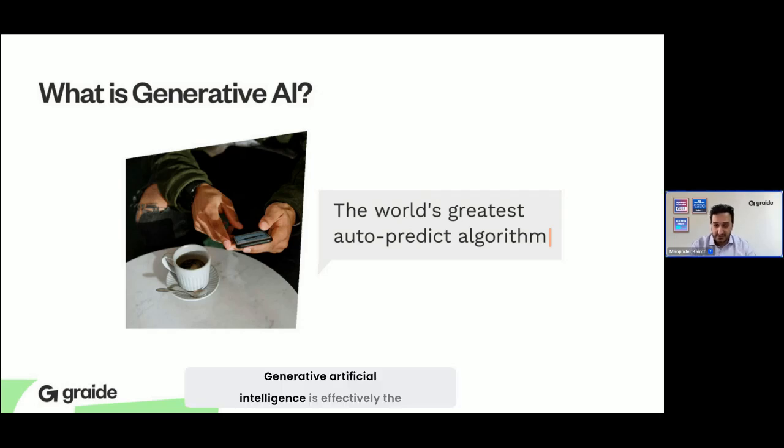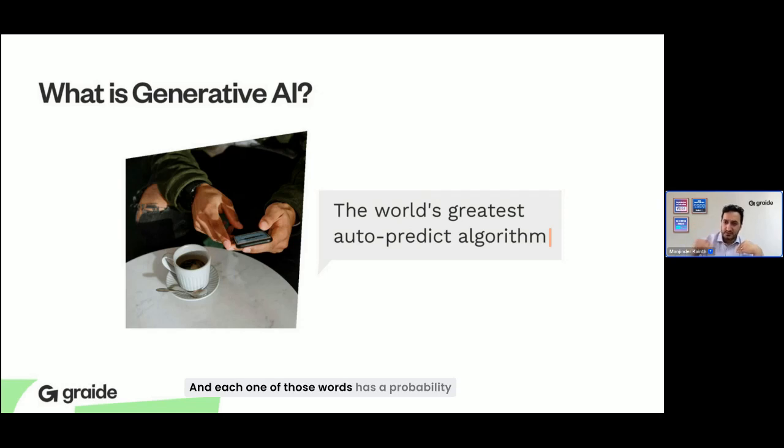Generative artificial intelligence is effectively the world's best auto-predict algorithm. When you're typing into your phone and it seems to know what the next word is going to be, that's sort of how these systems work. I could say a sentence, say the cat in the, and there could be a list of words that would naturally fill out from that. It could be hat, it could be crate, it could be box, hopefully not box, but it could be.